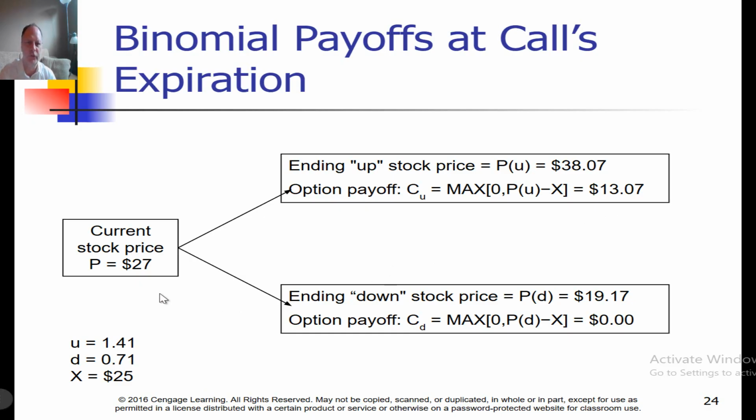The other possibility is the stock price goes down from 27 to 27 times 0.71, or 19.17, in which case it expires out of the money, so max(0, PD minus X) yields 0. Here it's max(0, PU minus X), which yields PU minus X of 13.07. We have 2 possibilities in 6 months. The option expires for 13.07 or 0.